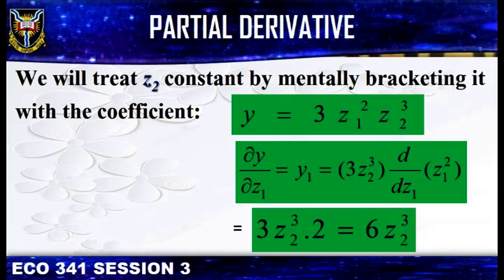Partial y over partial z1 equals y1 equals (3z2 cubed) d over dz1 (z1 squared) equals 3z2 cubed times 2z1 equals 6z1 z2 cubed.